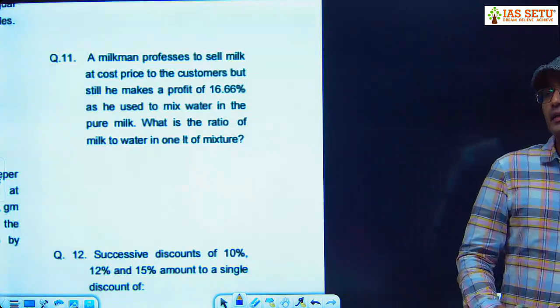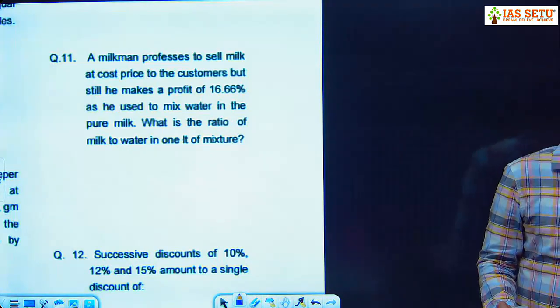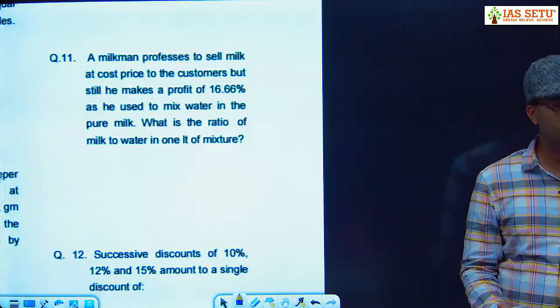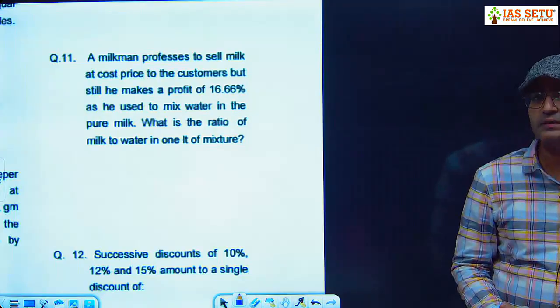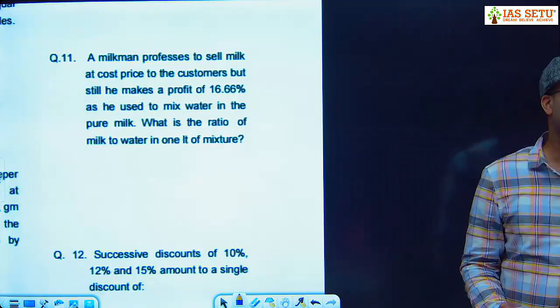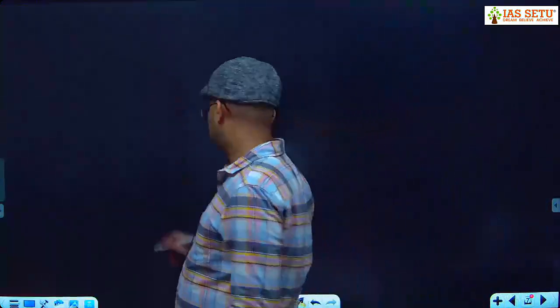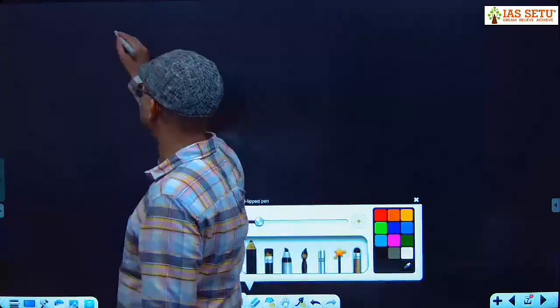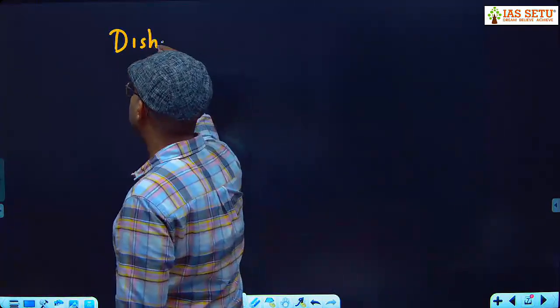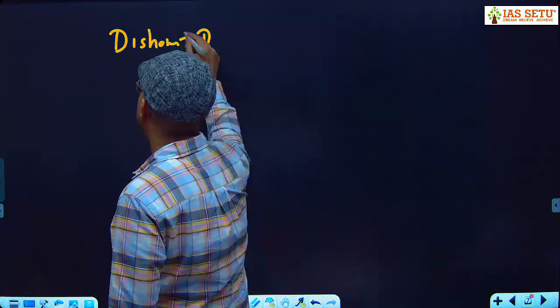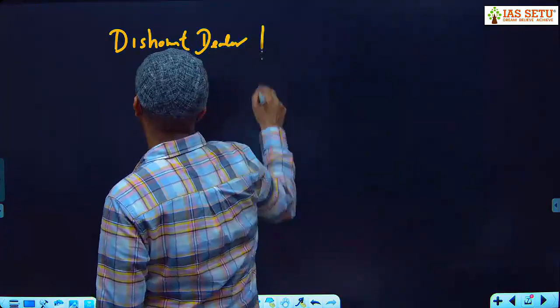See here, we try to learn two concepts. One with the help of dishonest dealer we have learned yesterday, and here second concept is milkman. I tell you what is the difference. Dishonest dealer and here milkman.